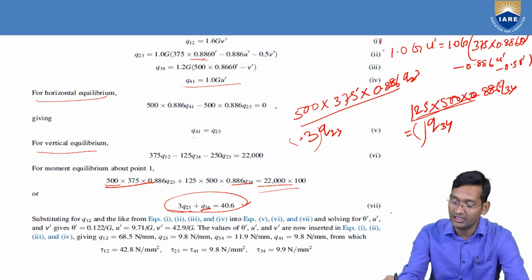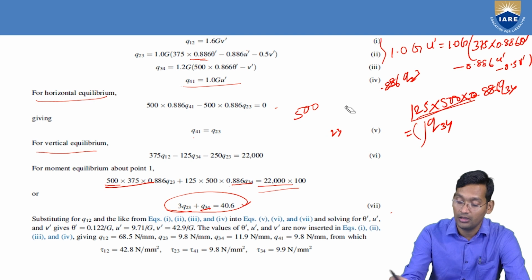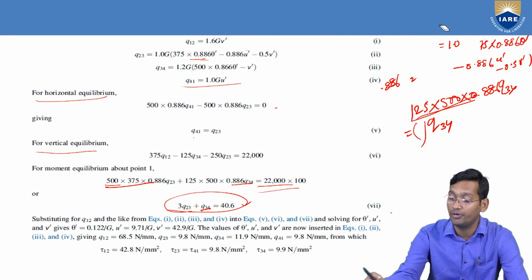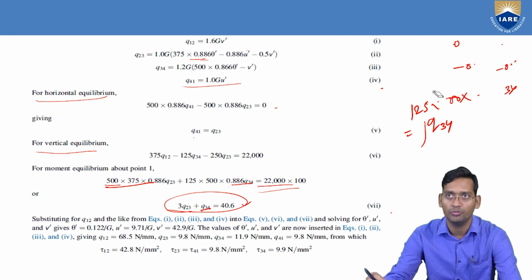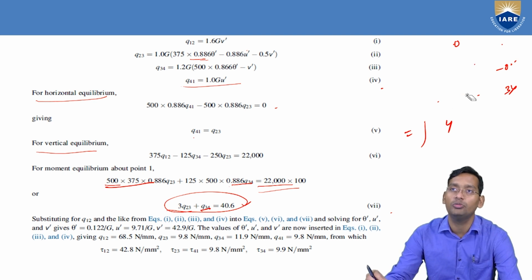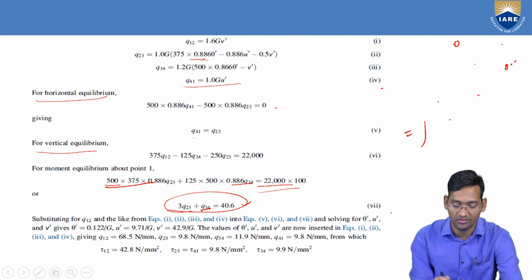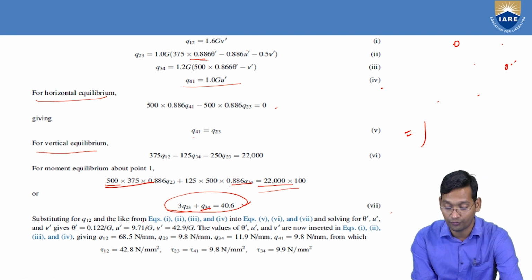So now after getting all the equations, it's an important thing you have to remember: what value to substitute and where. So just see, for that only this is there. Substituting for Q12 and the like from equations 1, 2, 3 and 4.